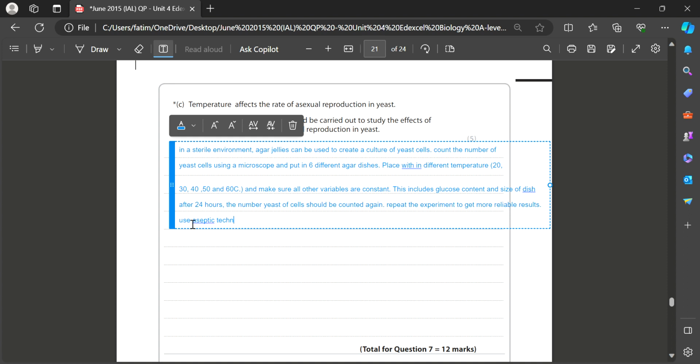Use aseptic technique, because I mentioned sterile environment in the first, so I have to mention it. Use aseptic techniques like wearing gloves and keeping all the equipment sterile.